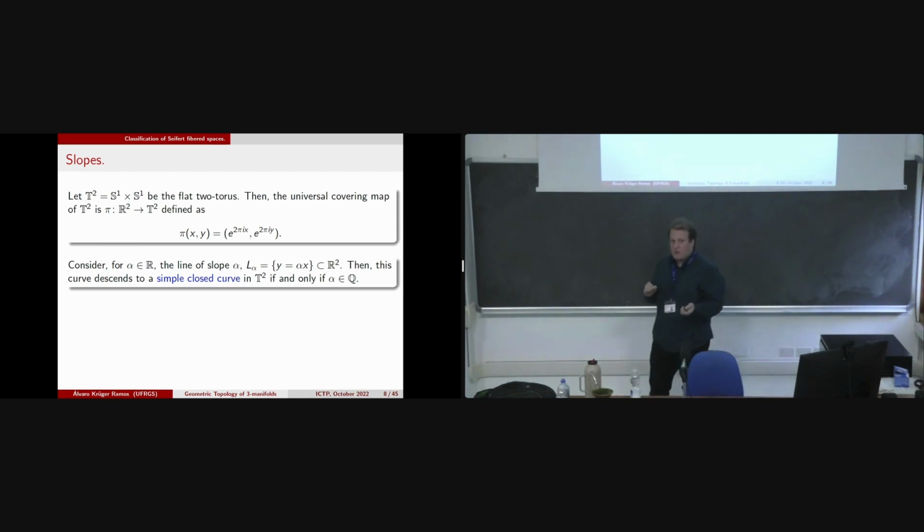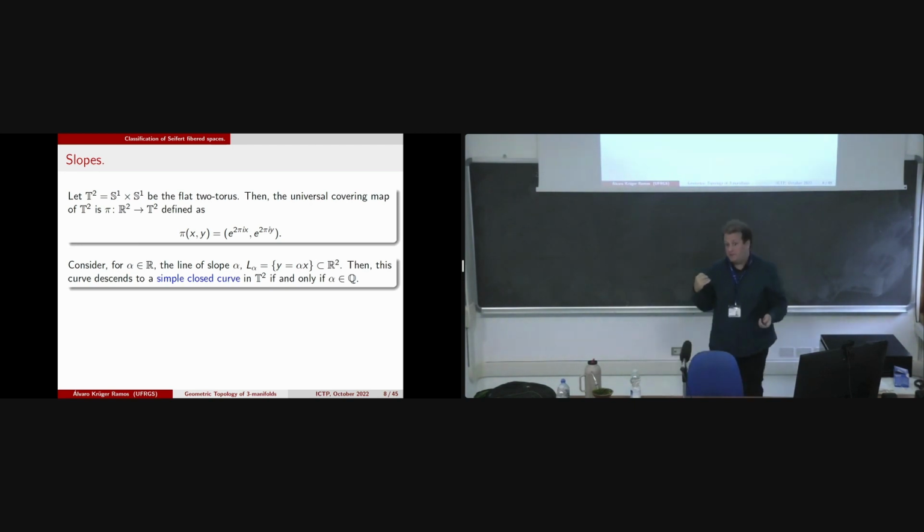If this slope is irrational, this curve would go dense on your torus. It's never going to close up. It's going to be a dense curve. But if it is a rational slope, then it will close up nicely to a simple closed curve.